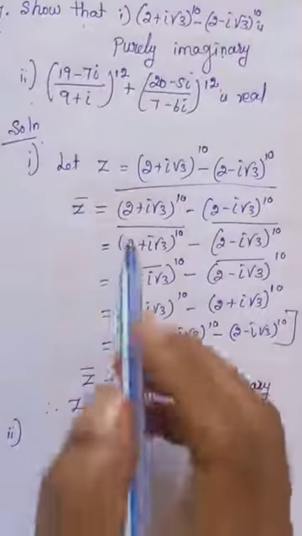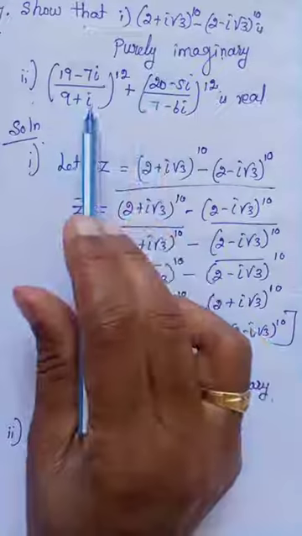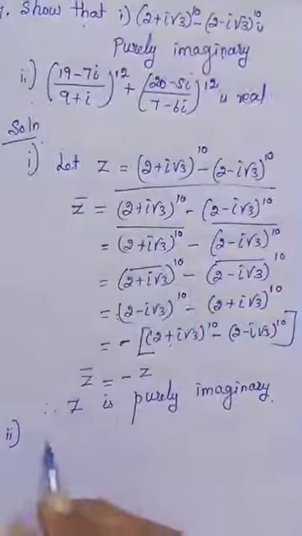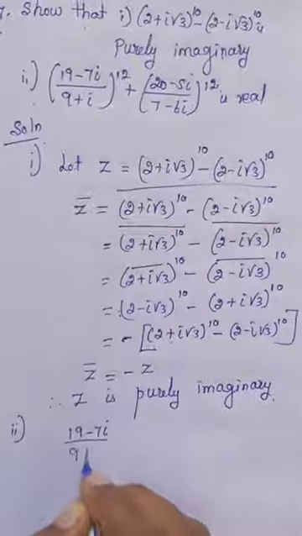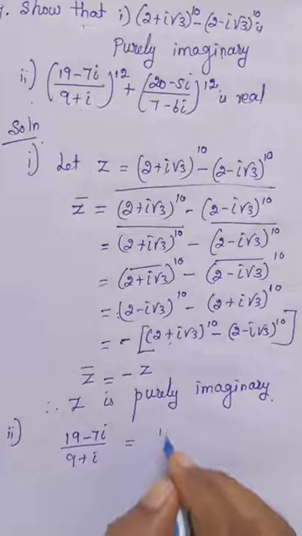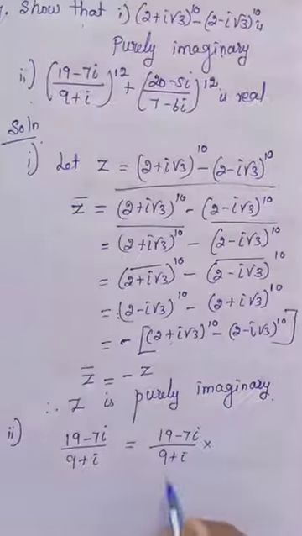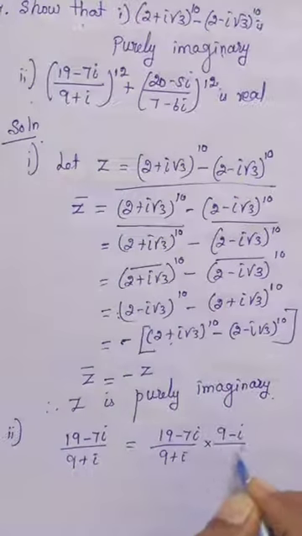Now, subdivision 2. In subdivision 2, before we take it as Z, we need to simplify both terms because they are given as fractions. So (19 - 7i)/(9 + i). We multiply by 9 - i, the conjugate of 9 + i. Now shall we multiply?